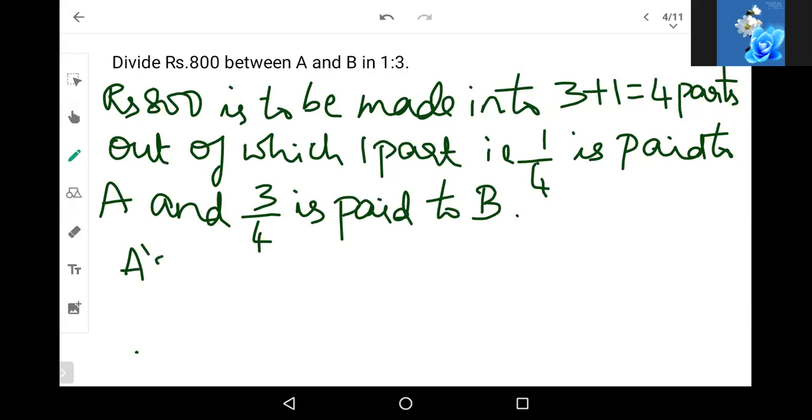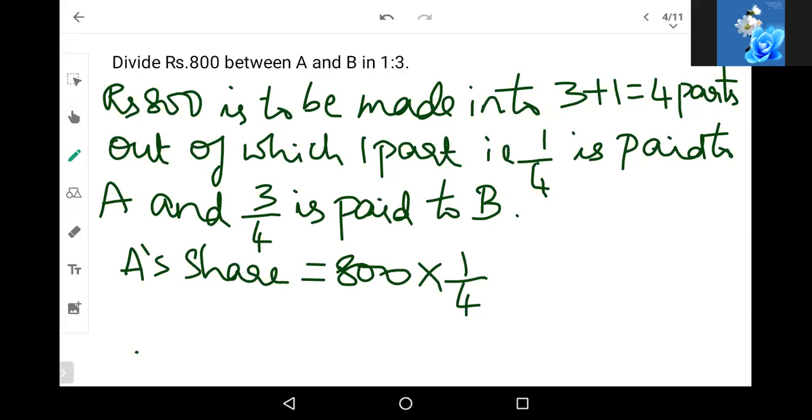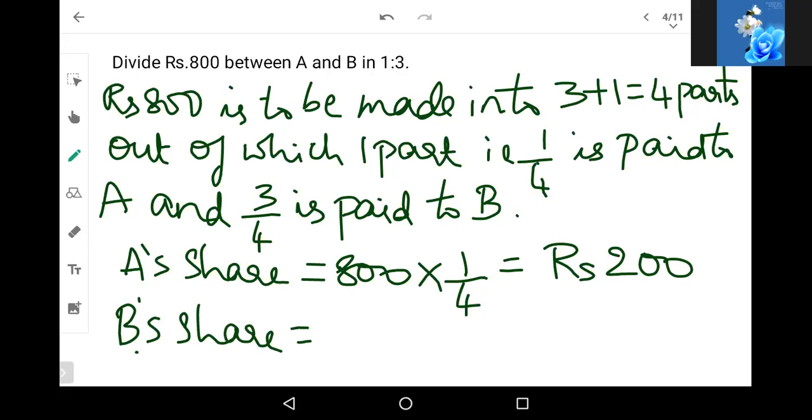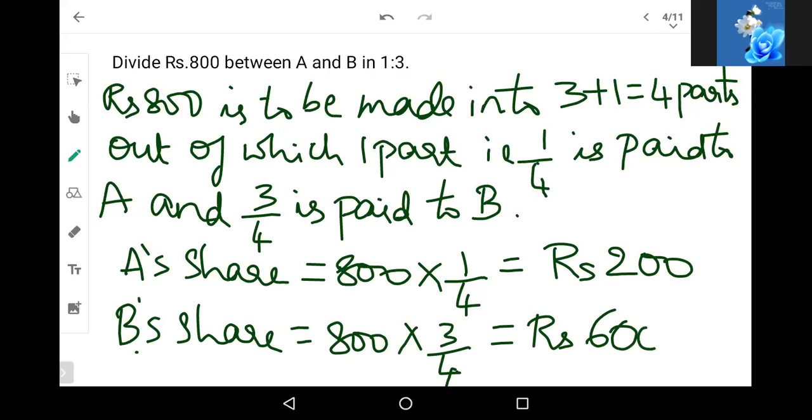So A's share, you would have solved these problems in partnership accounts. A's share is equal to, out of total 800, you are supposed to give 1 by 4 part, right? So 800 into 1 by 4 will give you rupees 200, and B's share is 800 into 3 by 4, where rupees 600 will be considered.